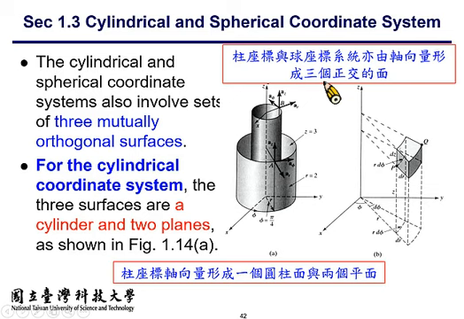How about the phi direction? Phi direction is defined as the angle between the line from the origin to the position and the positive x direction. So this is the phi angle. And the phi angle increases as it rotates counterclockwise on the plot.